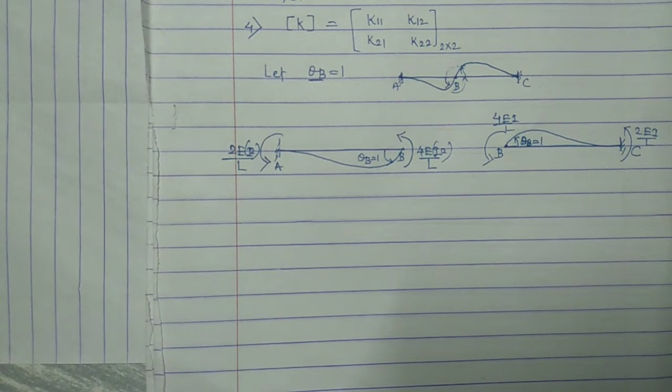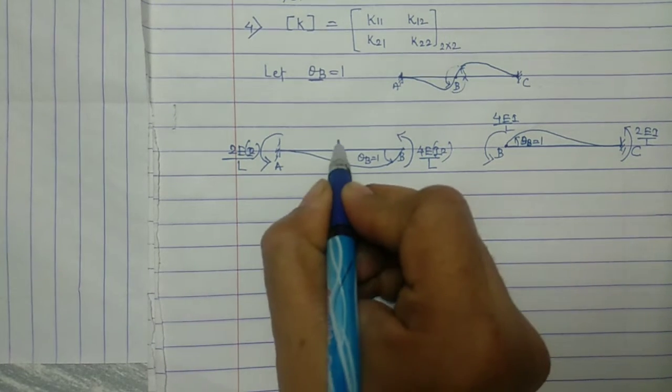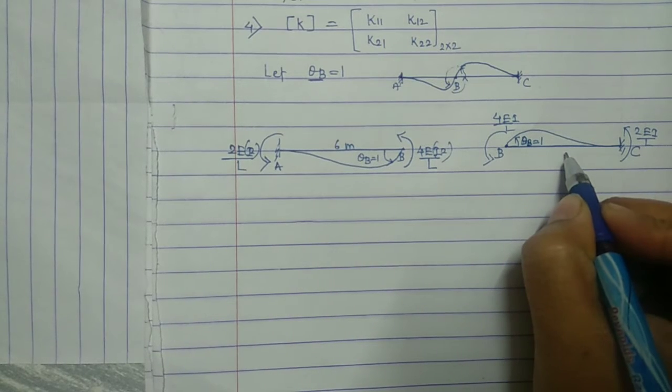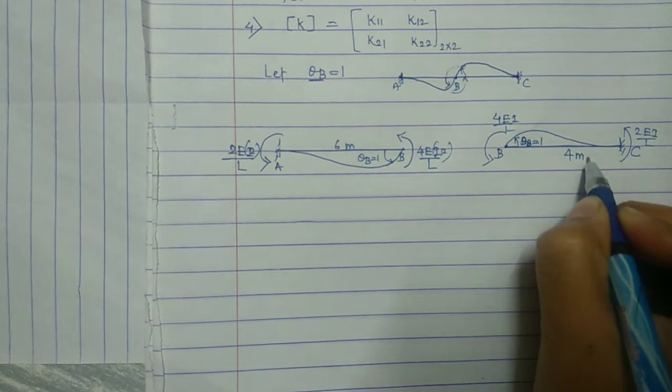Length of member AB is 6 meter and member BC is 4 meter.